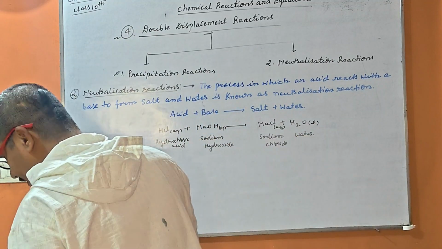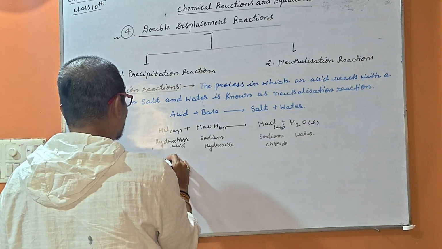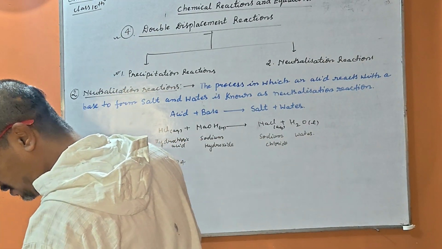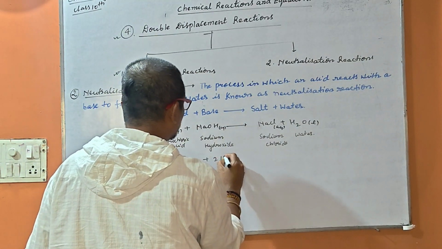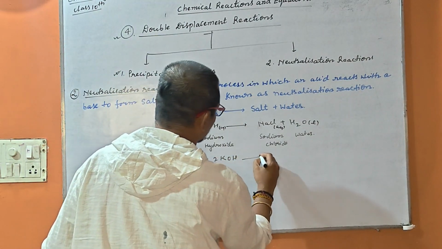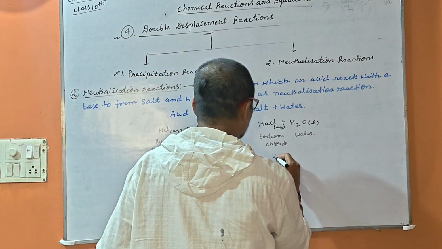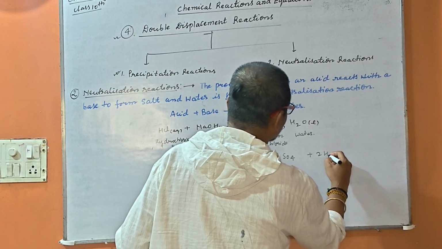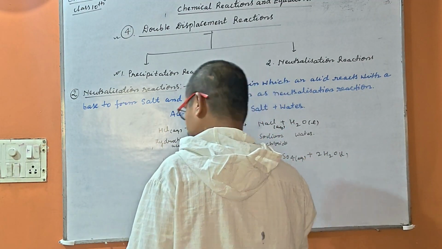The second reaction is H2SO4, also in the aqueous form, plus 2KOH. It reacts to give you K2SO4 plus 2H2O. The water is in the liquid form and the salt is in the aqueous form.